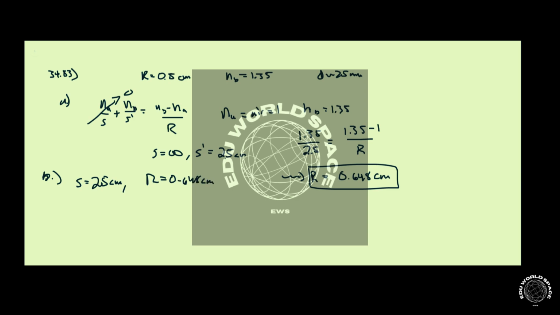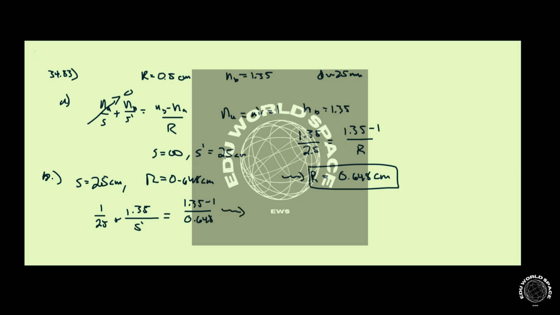Let's go back to our equation here. We should have 1 over 25 plus 1.35 over S prime equals 1.35 minus 1 over 0.648. We don't know the image distance here, so we're going to solve for S prime.